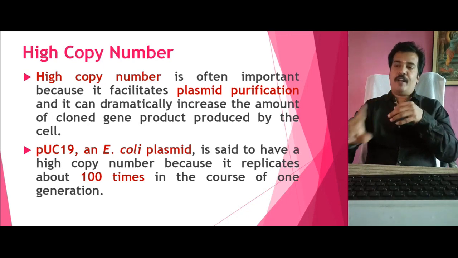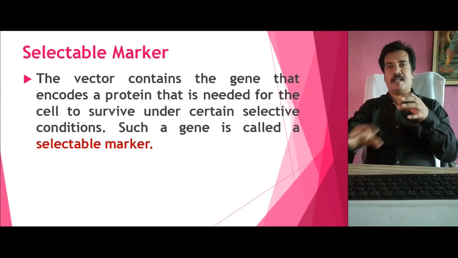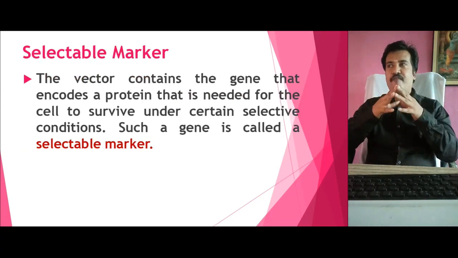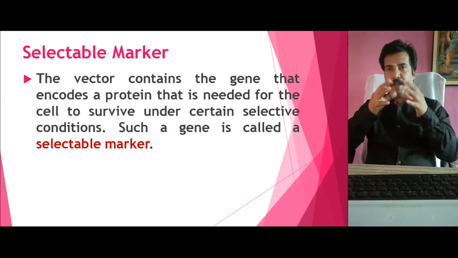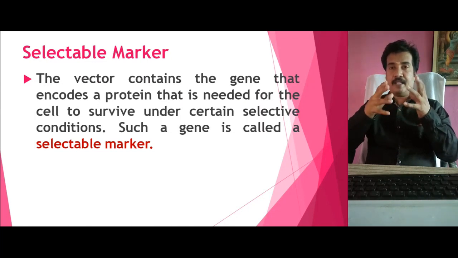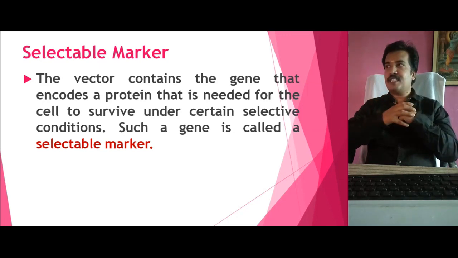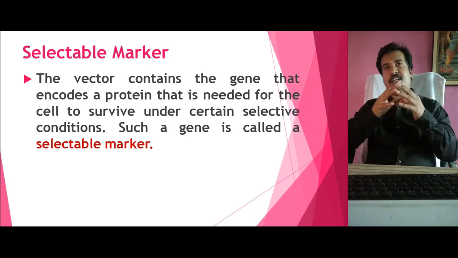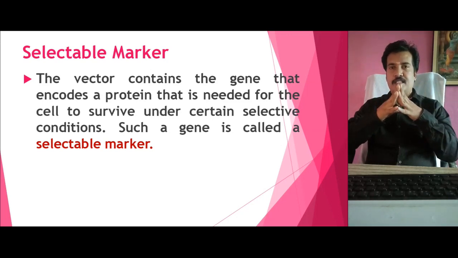The second one is that it carries a selectable marker. Similar to what we studied with phenotypes, the vector, especially the plasmid, contains a gene that encodes a protein needed for the host bacterial cell to survive in adverse conditions, or what we can consider a selective condition. Such a gene we consider a selectable marker.